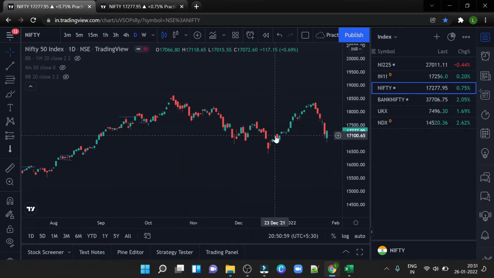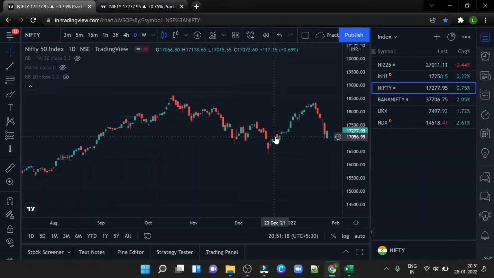If you observe this small candle, this candle is the current candle which is forming. For example, 23rd December is today's date and today the market is running, so let's consider that this candle is still forming.